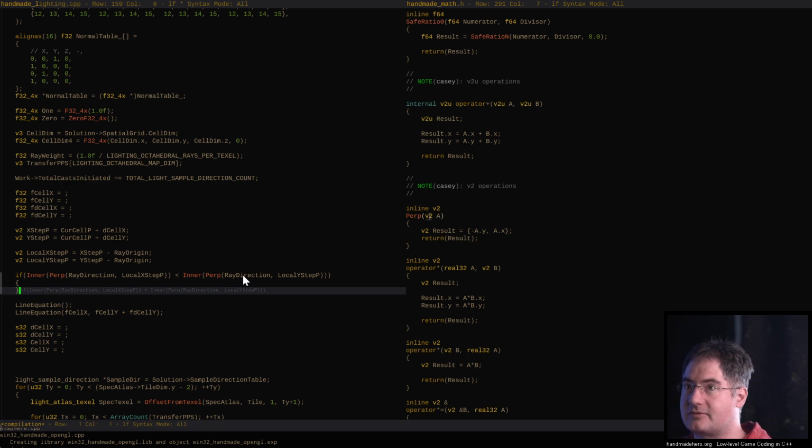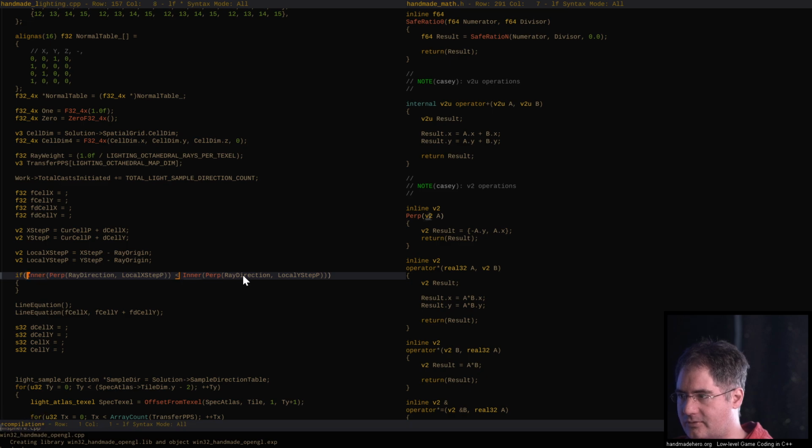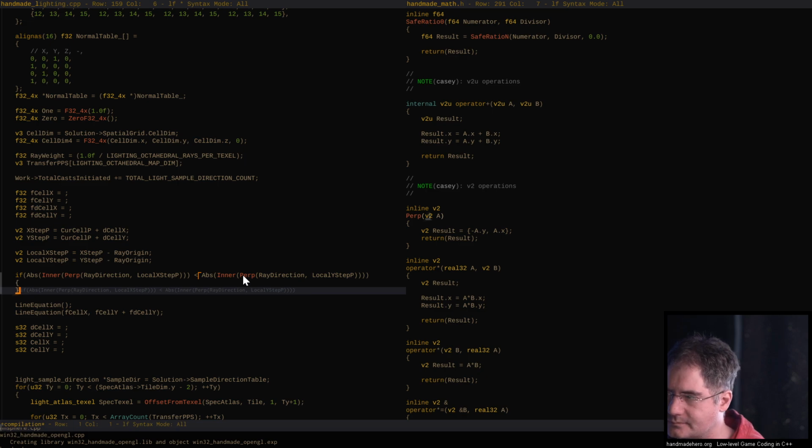I have to think about this for a second, because the perp of the ray direction, we don't care which side of the ray you're on. So this is going to have to do an abs, right? Like, it's going to be like this. And we could choose to square it, in the sense that we have to do something that removes the sign, but it doesn't actually have to be squared. It can just be abs if we want. But fundamentally what we're looking at is that.